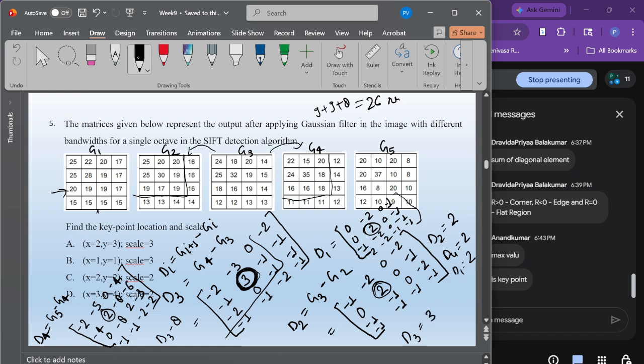So 3 is the highest value among all the values in the Gaussian shift detection algorithm that we have calculated, right? So 3 is the absolute maximum compared to all 26 neighbors. So this is our key point because it is the highest or maximum value.